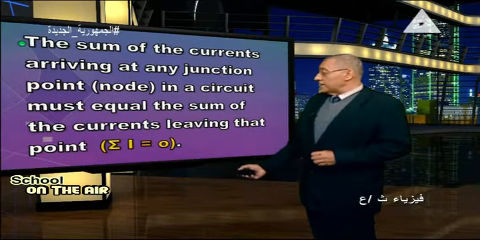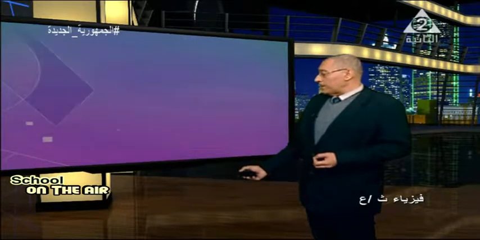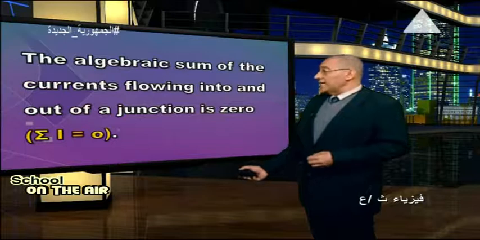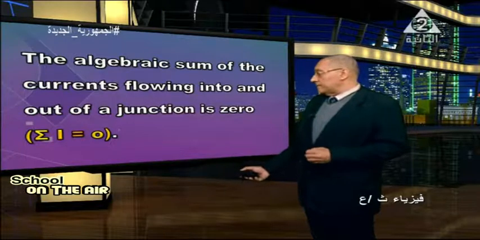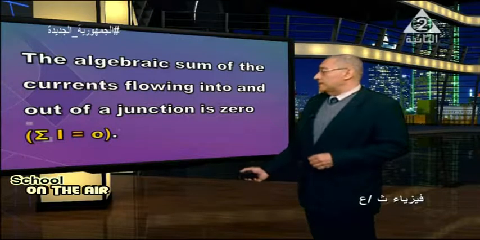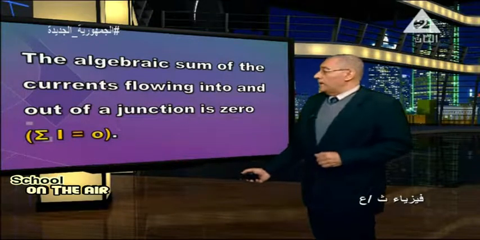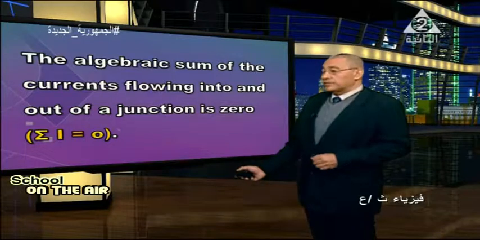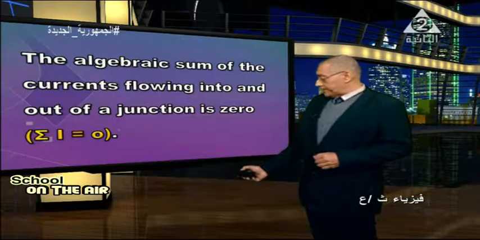We can say it in another way: the algebraic sum of the currents flowing into and out of a junction equals 0. Sum of currents equals 0.